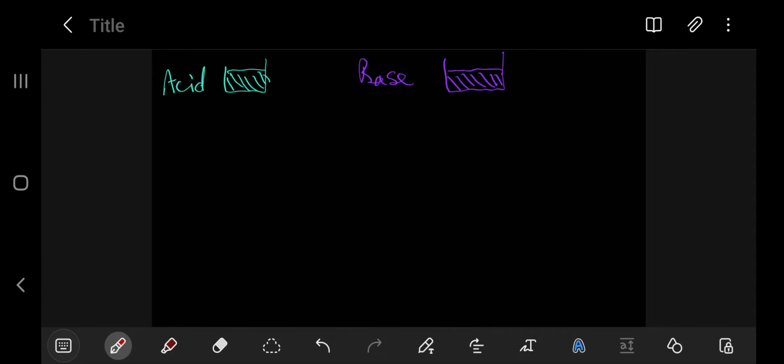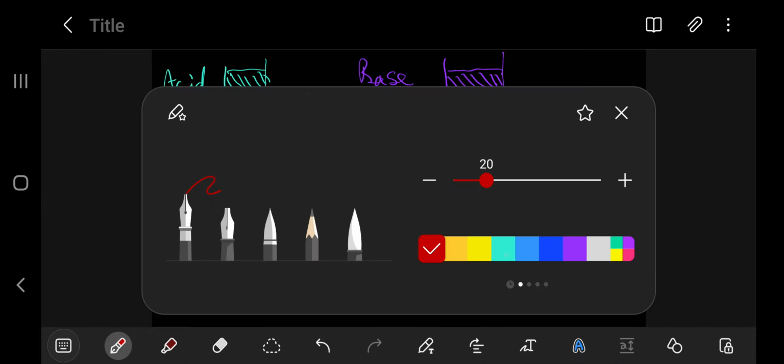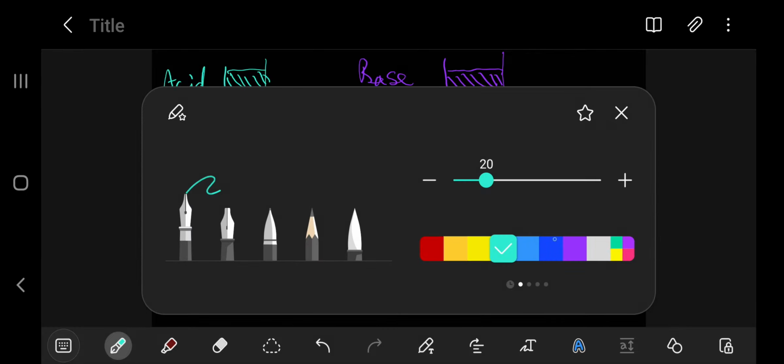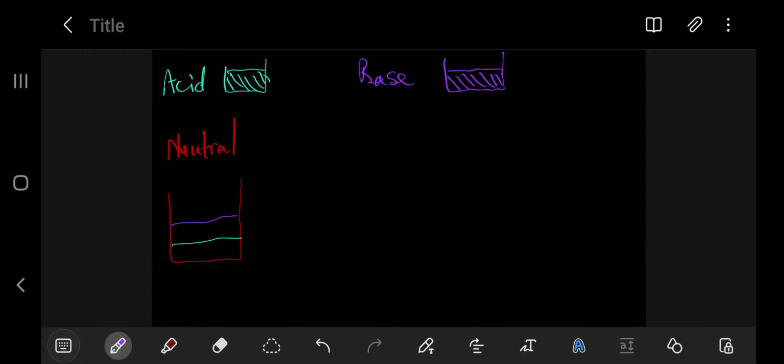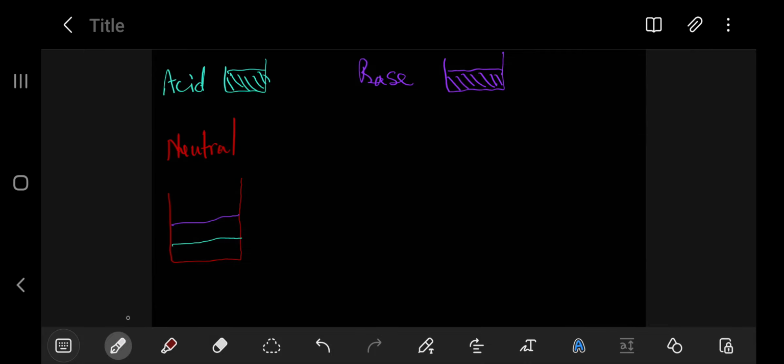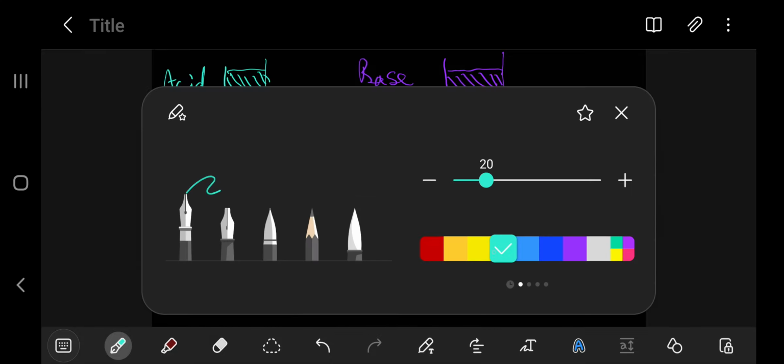So the first situation, which is the neutral solution. So now in our container we pour the acid inside, right? We pour the acid inside, then we pour the base inside, and then we leave this to react, right? So after they have reacted, we find that all the acid has reacted with all the base.